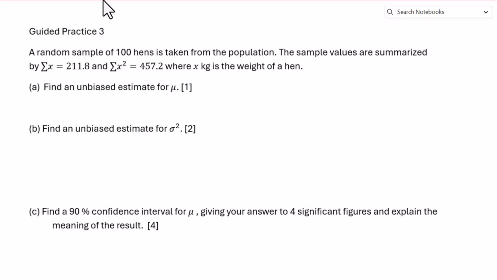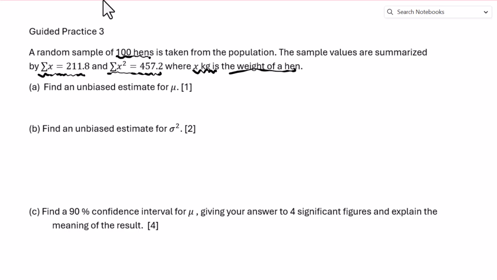A random sample of 100 hens is taken from the population. The sample values are summarized by summation of x equals 211.8 and summation of x squared equals 457.2, where x kilograms is the weight of a hen.